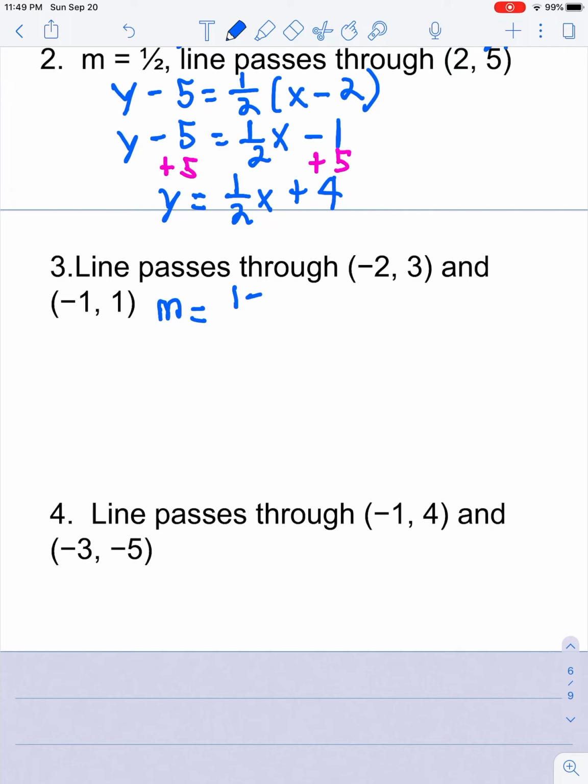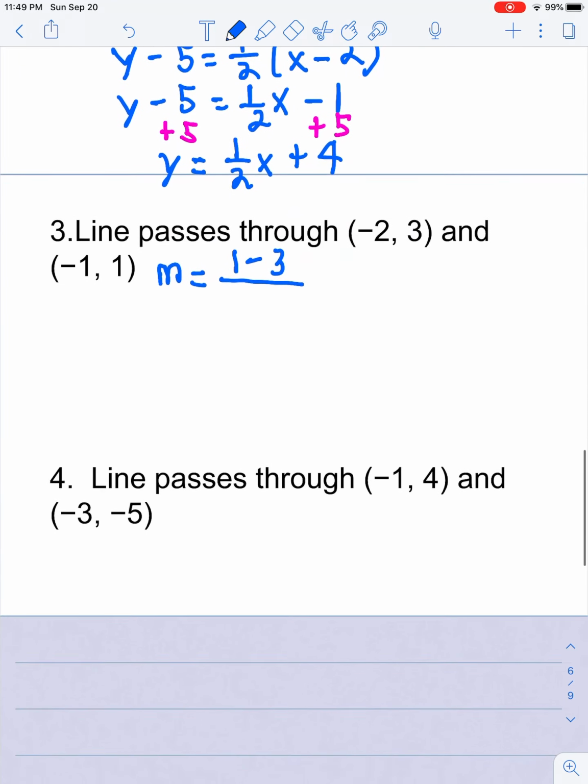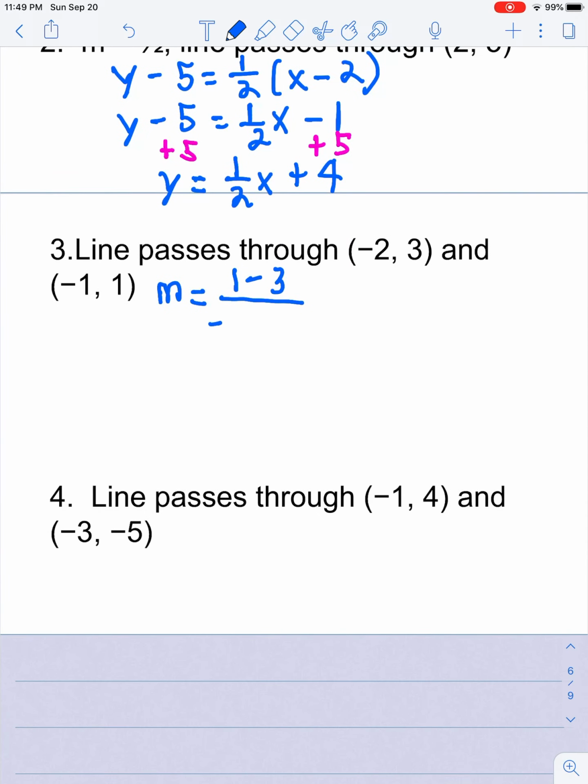I usually start with the second point. So I went 1 minus 3. That's the change in the y-coordinates over, it would be -1 minus a -2. And that becomes -2 over, that'd be +1, which of course is -2.